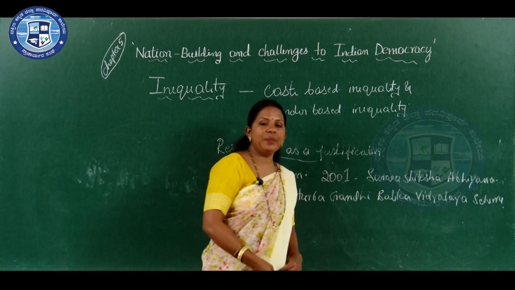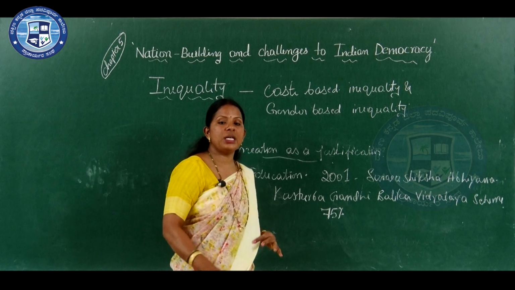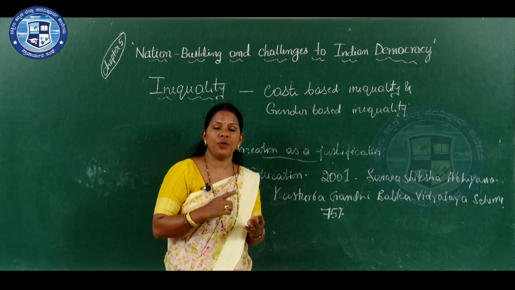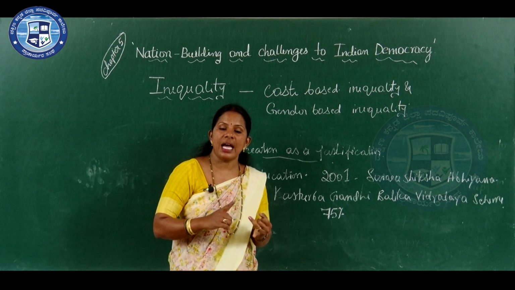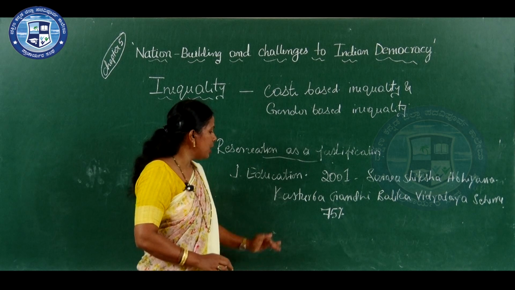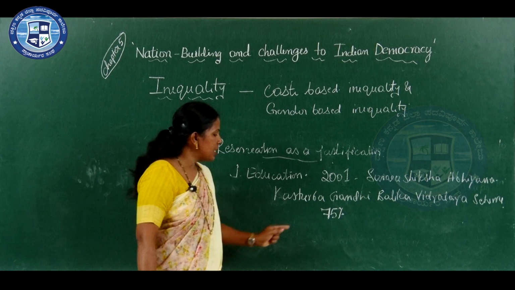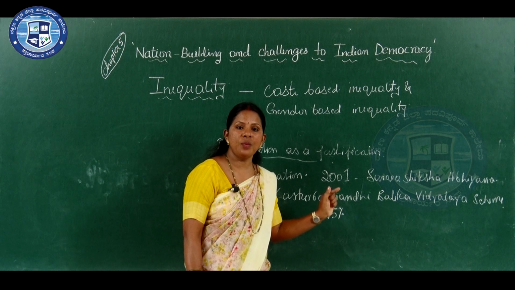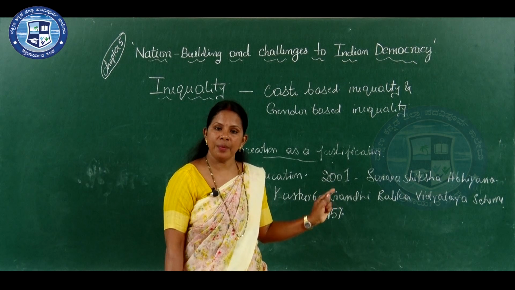The Kasturba Gandhi Balika Vidyalaya scheme provides 75% reservation to girls, mainly those coming from scheduled caste, scheduled tribe, other backward classes and minorities.